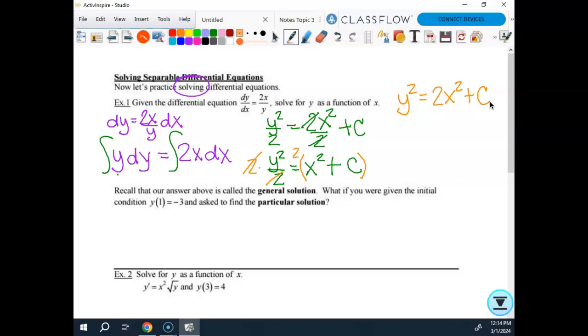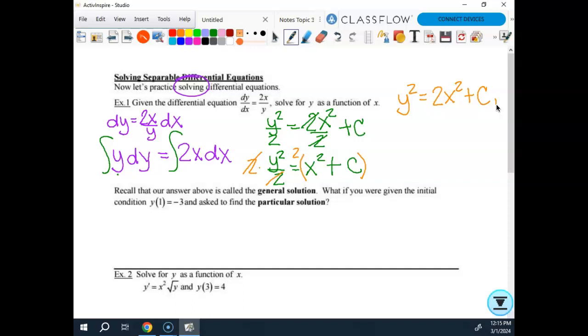And what you can see in notation sometimes is, instead of just c, it could be c sub 1, like it's a different c now, but it doesn't even matter that it's a different c. Okay, we okay with that? And I know that's kind of weird, but whether I multiplied it by 2, divided it by 2, whatever, it's just some constant, and I still don't know what it is, and it doesn't even matter at this point.